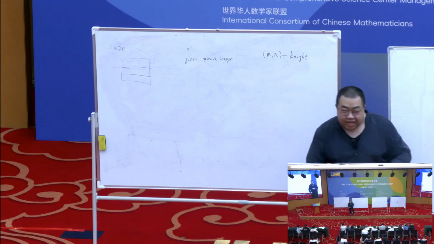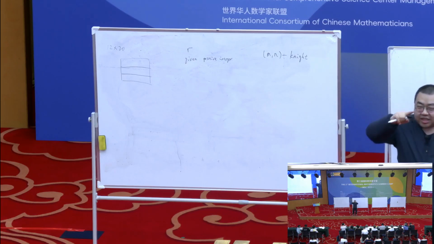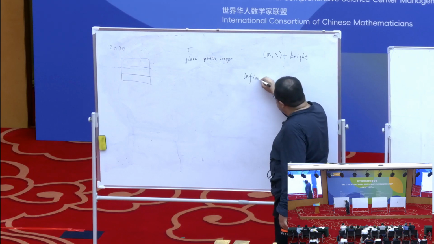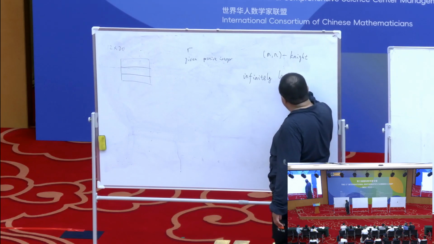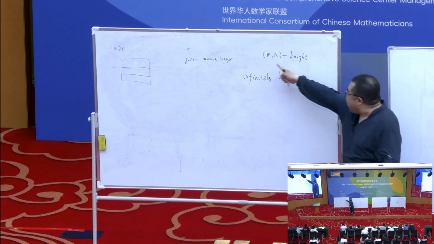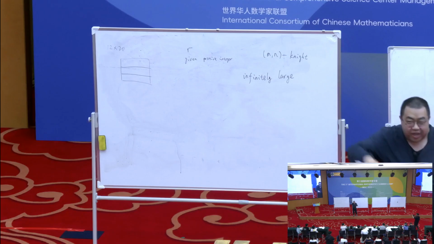So the regular knight is a 1-2 knight. Now, suppose that the chessboard is infinitely large. If the chessboard is infinitely large, then for what values of M and N can this piece reach every square? I mean that this piece can go from any square to any other square.